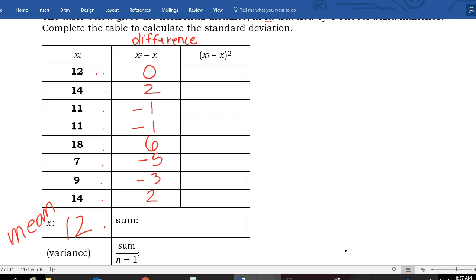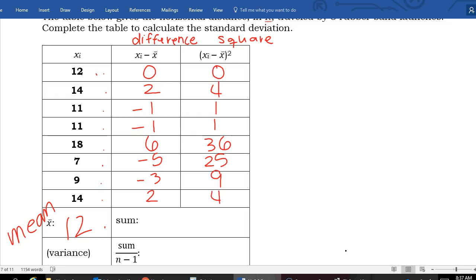And the reason they don't matter is when we square each of these numbers, a number times itself, we're always going to end up with a positive answer. So 0 times 0, 2 times 2, negative 1 times negative 1 is the same as 1 times 1. We're multiplying each of these values by themselves, all positive answers.